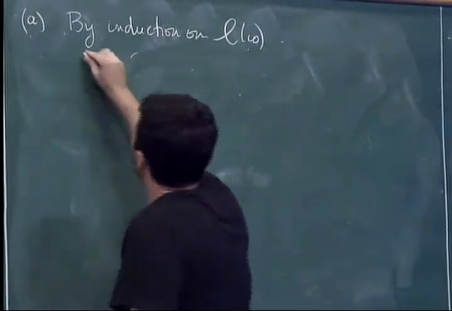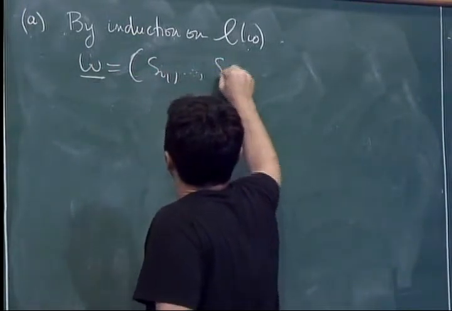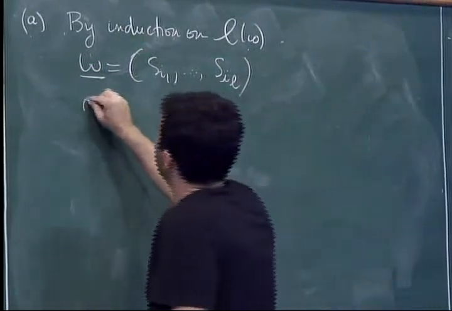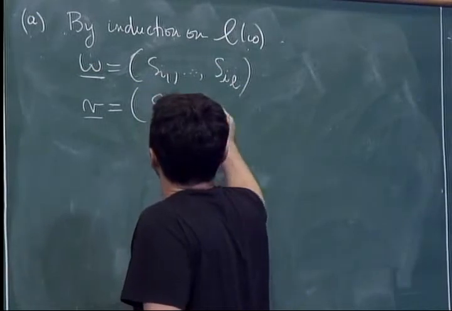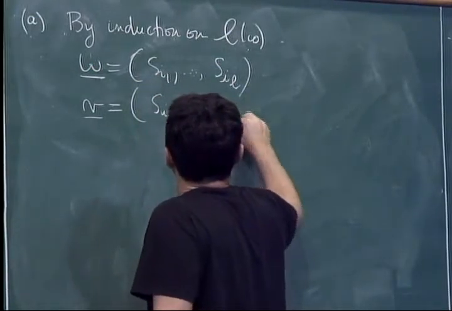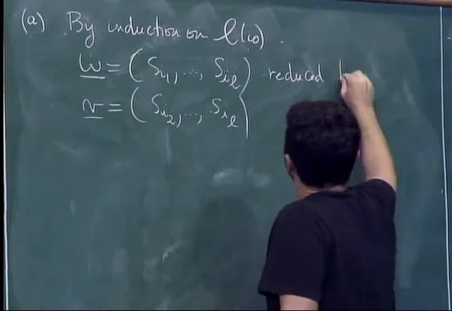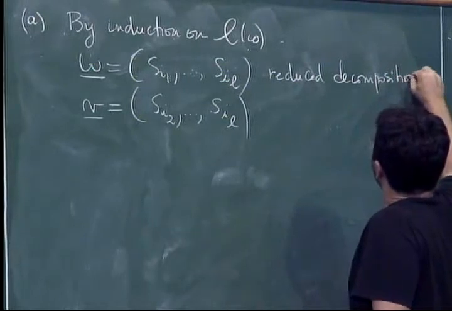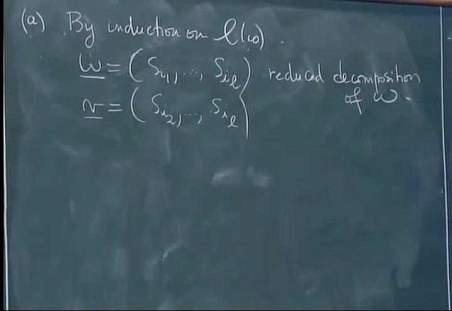You consider a reduced decomposition, and you set v, so you forget about the first one, s_i, so this has to be a reduced decomposition of omega.